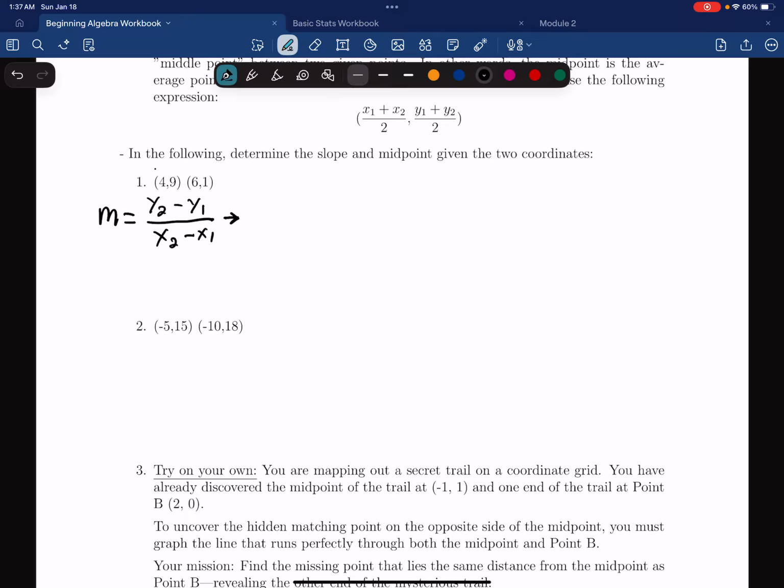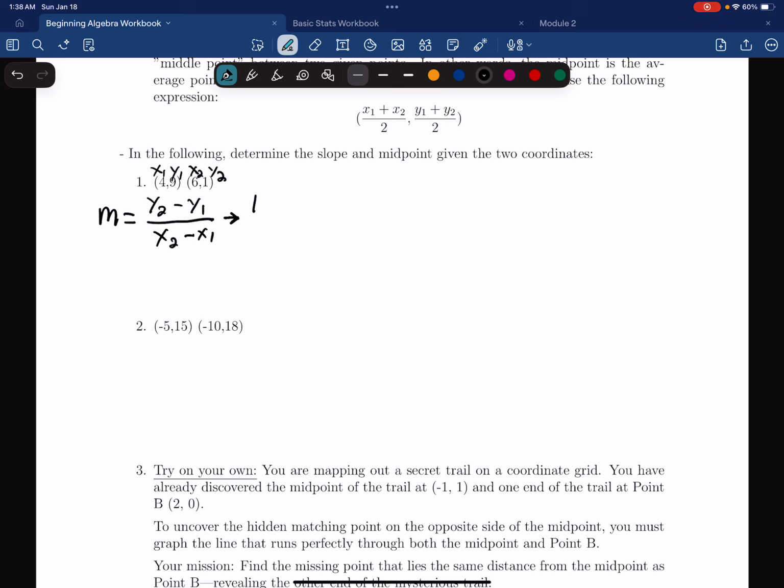So here, in this first point, 4 is our x1 value, and 9 is our y1 value. And then here, 6 is our x2 value, and 1 is our y2 value. So let's plug that in.